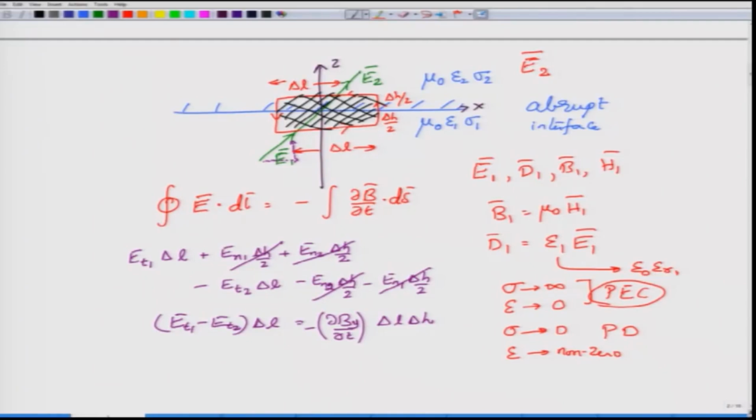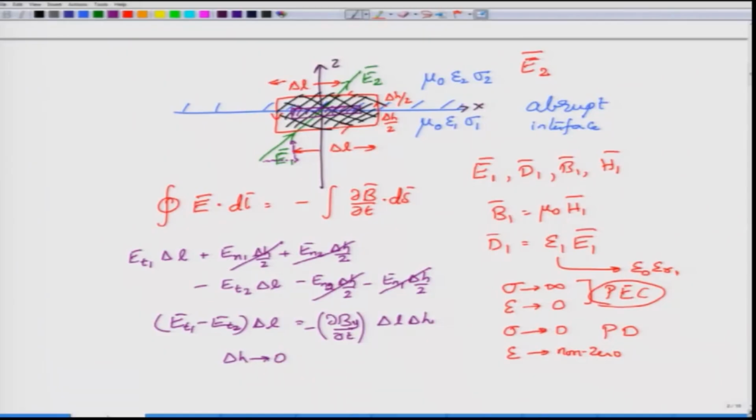So this is from the right hand side of this expression, and what I do now is take the limit of delta H going to 0. This means I am basically going to make this loop hug this x axis, or the plane of interface, very tightly, so that delta H goes off to 0.